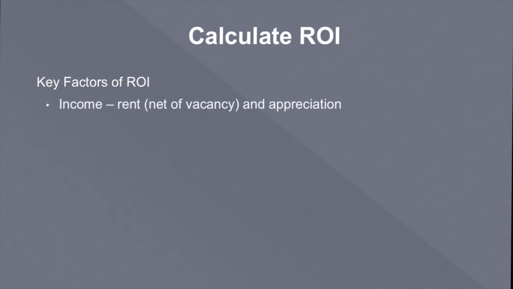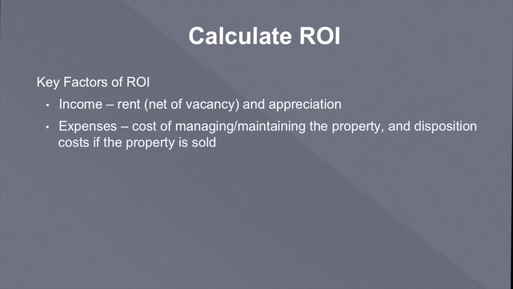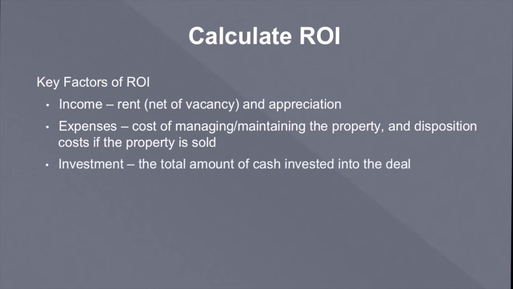So calculating ROI, some of the key factors: income, of course, the rent net of vacancy, and the appreciation, which in the way we're talking about it needs to be considered part of income. The expenses, so you're going to subtract the expenses from this: managing, maintaining the property, disposing of the property eventually. And the investment. How much money did you put into the deal?